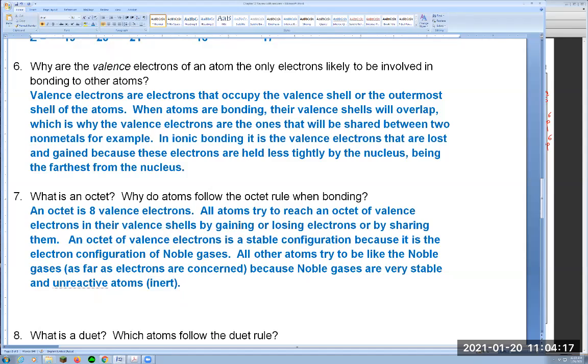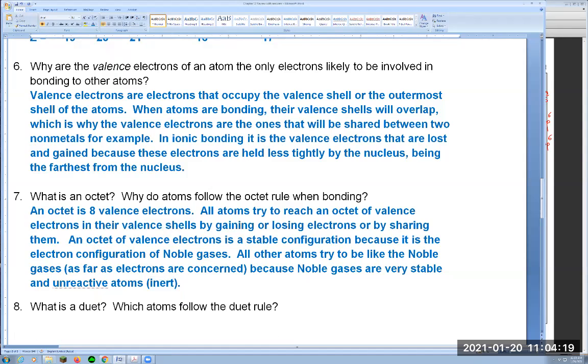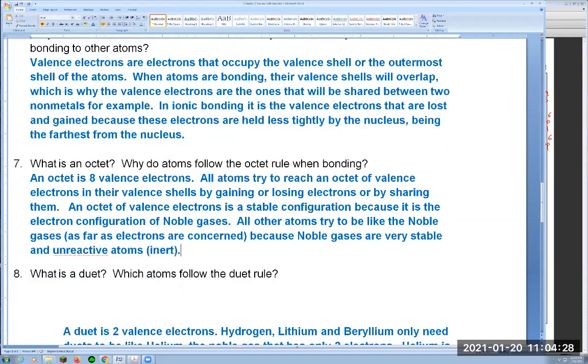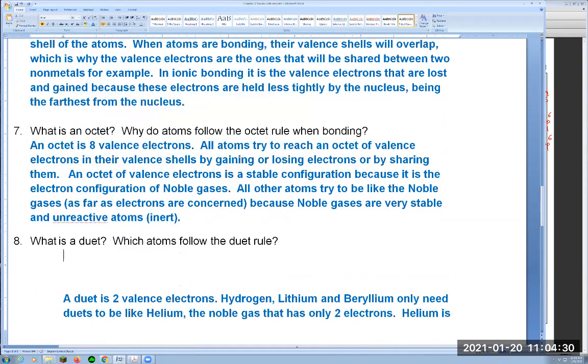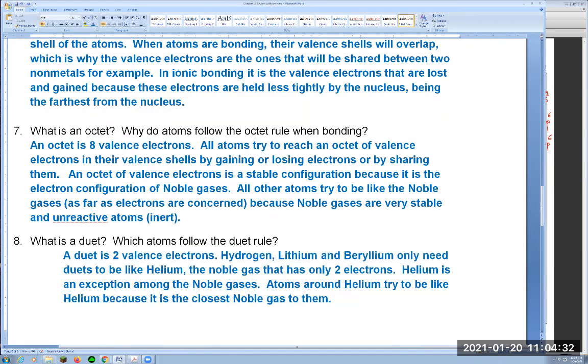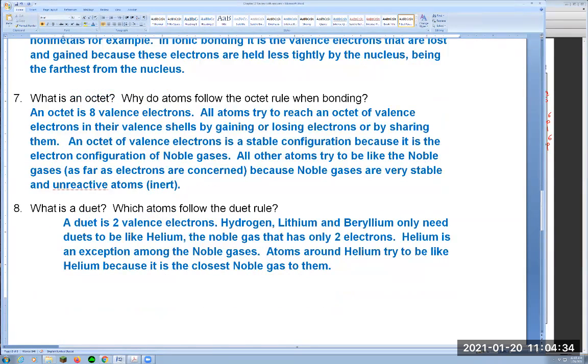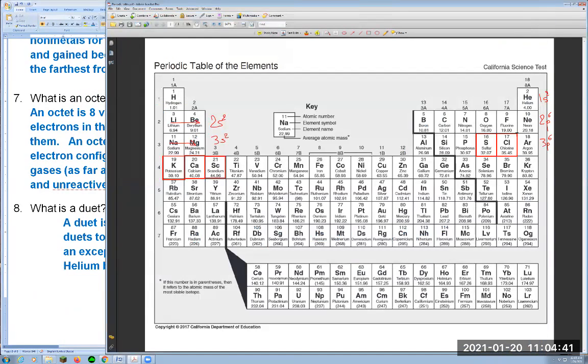But there is also a duet rule, if you will. And which atoms follow the duet rule? So there are some exceptions. A duet means 2 valence electrons. And that's because if you look at the periodic table, helium there is an exception.